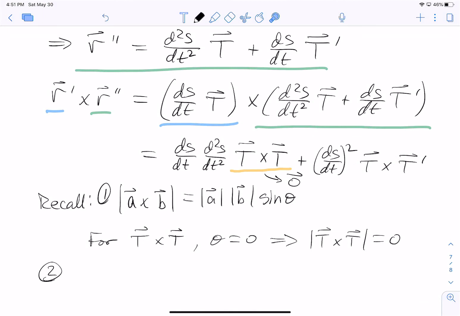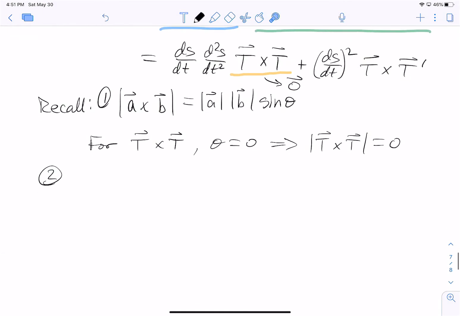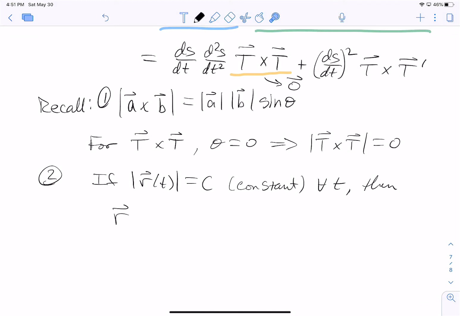The second thing is a little more involved here. Recall that if the magnitude of any particular vector is a constant for all t, then that vector is orthogonal to its derivative, right? So if the magnitude of r is constant, then r is orthogonal to r prime for all t.